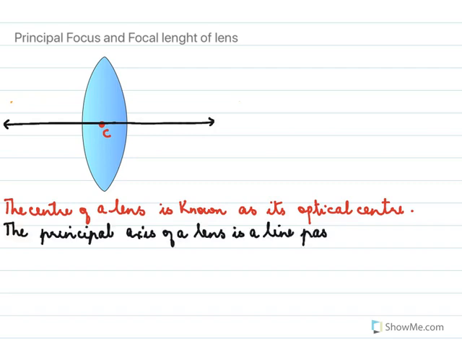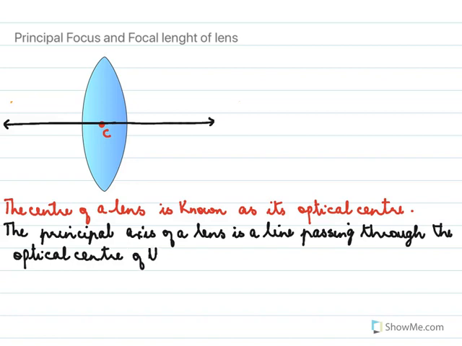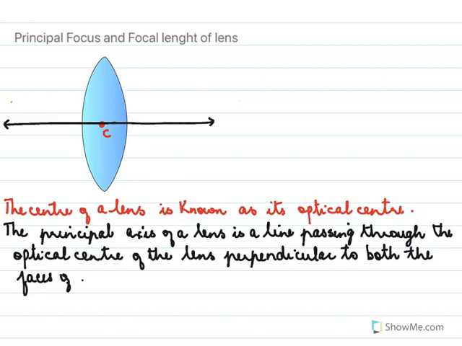So the principal axis of a lens is a line passing through the optical center, in this case C, of the lens and perpendicular to both the faces of the lens.